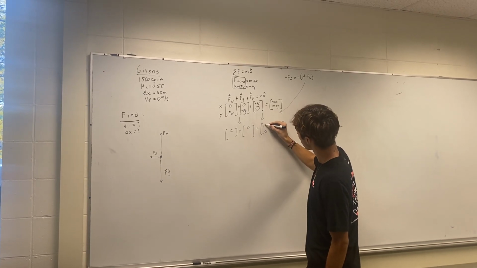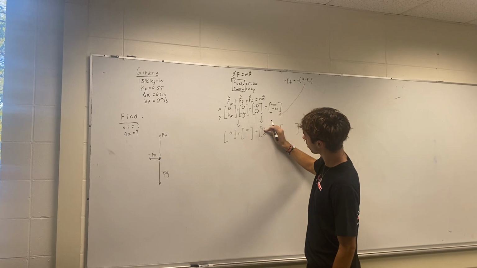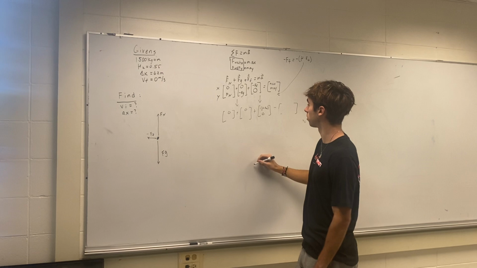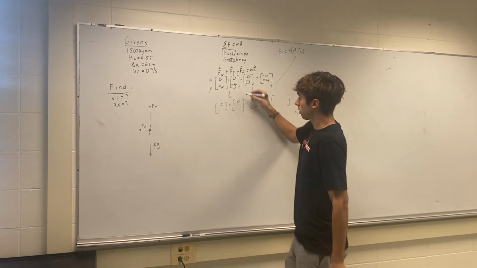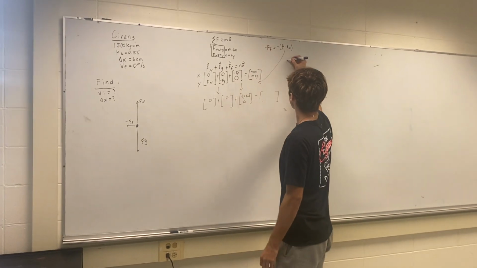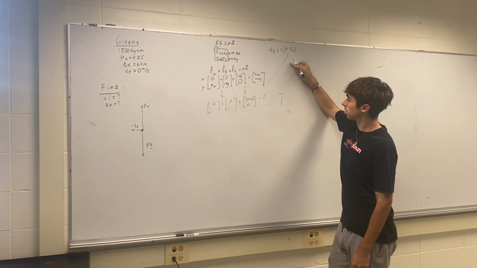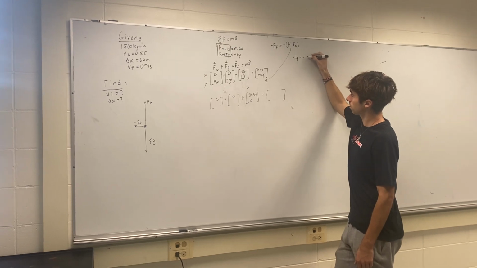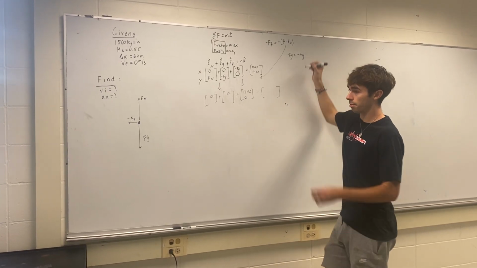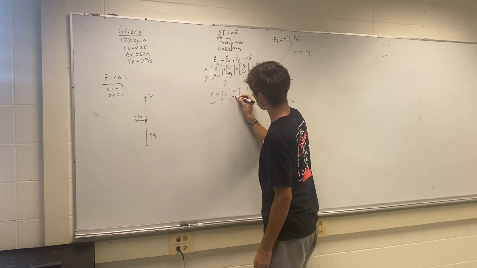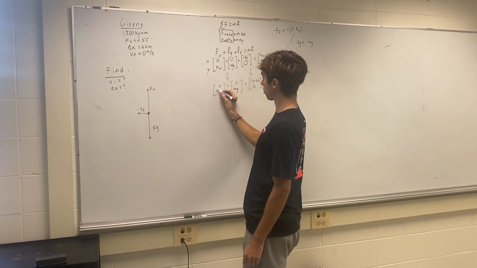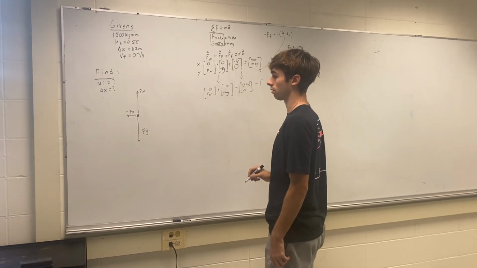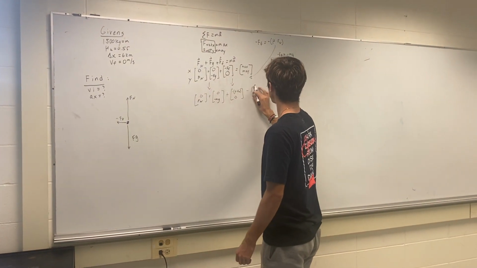So it's going to be the coefficient of friction times Fn, and then for our force of gravity, we can say that negative Fg is equal to the negative mass times gravity. And then we can just rewrite the Fn.